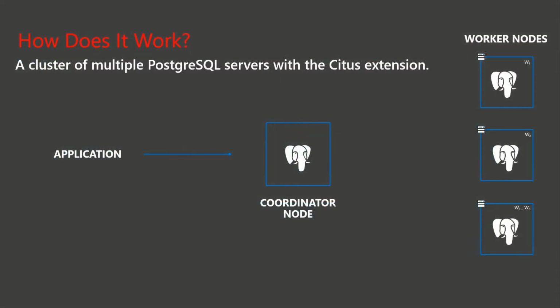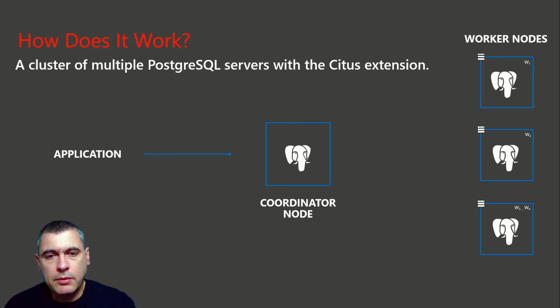So how does that work? Let's put things in perspective and look at it from a concept level. Within a Citus cluster, we have several instances of Postgres. Those instances of Postgres play different roles in the cluster. We have two roles. We have the coordinator role and the worker role.